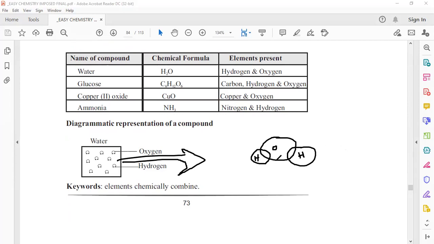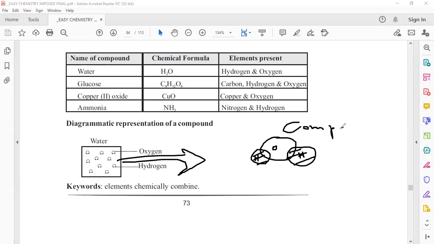So those are different elements combining. Hydrogen and oxygen are different elements that come together and form what we call a compound. So this is a compound.